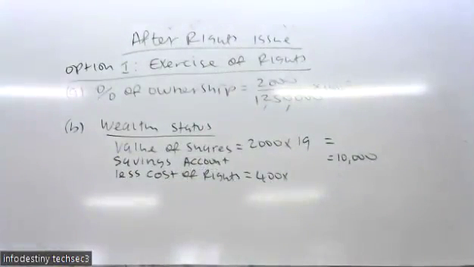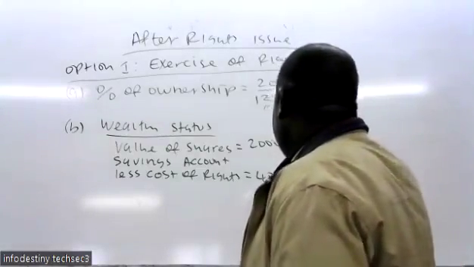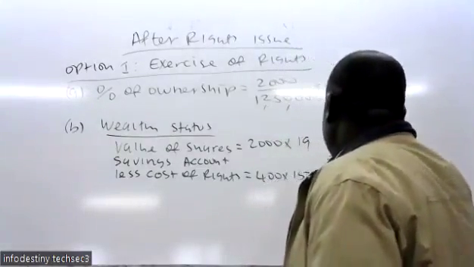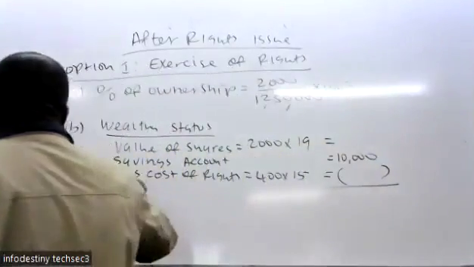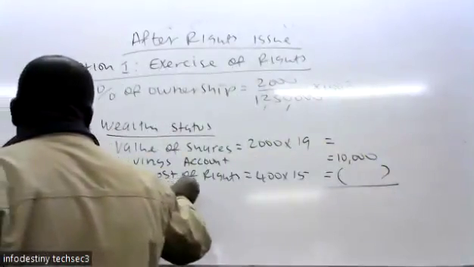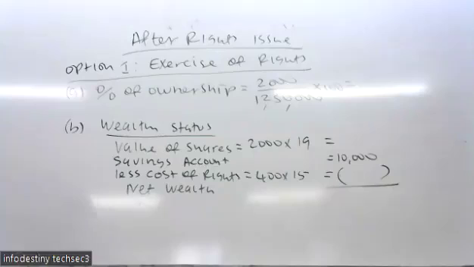That would be the cost for the rights, but you value them at the issue price. Issue price was it 15? Yes, so multiplied by 15. This figure you will be subtracting so that we come up with the net wealth.